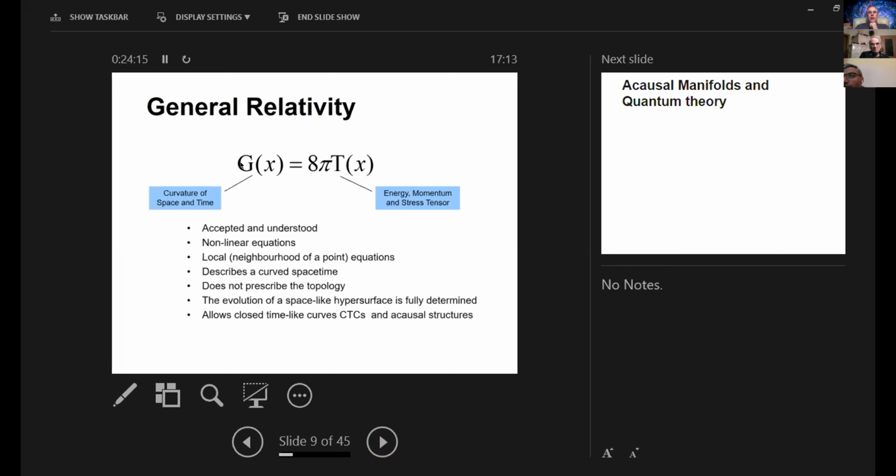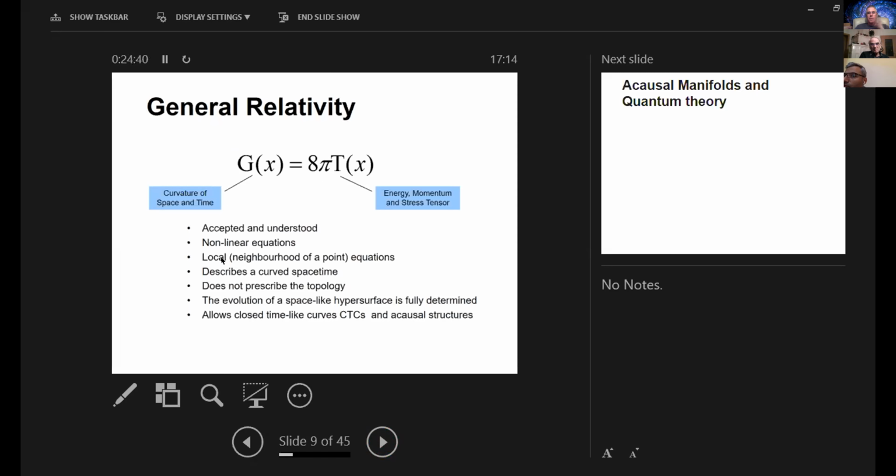This G can be calculated just from the metric and its derivatives at a point x. Despite the maths looking rather horrid, particularly when it was introduced, it seems to be well accepted. It's understood. It's geometric, so it helps with an explanation. The equations are non-linear, so that gives a lot of scope for all sorts of things.